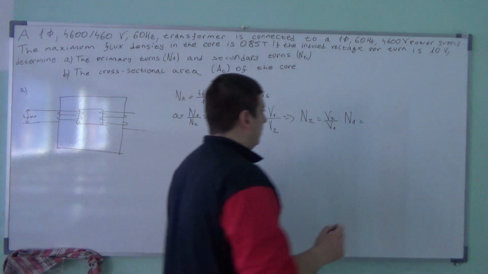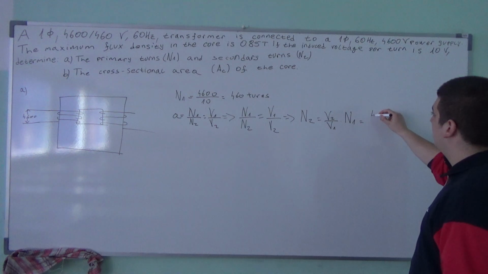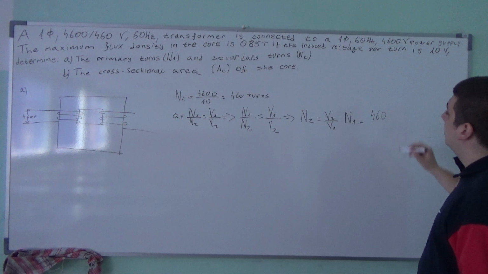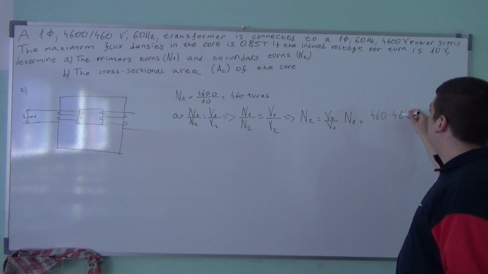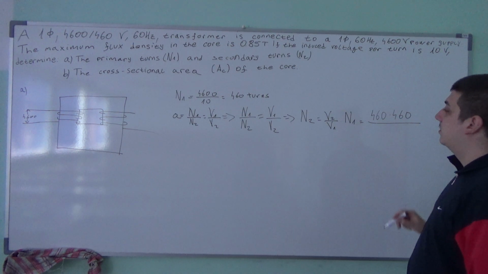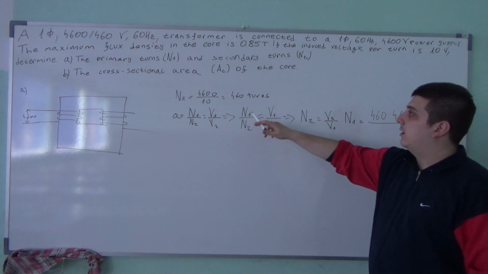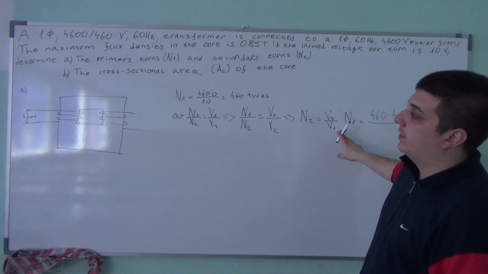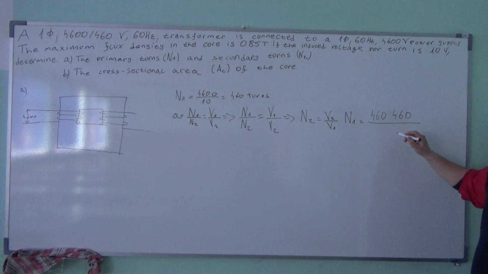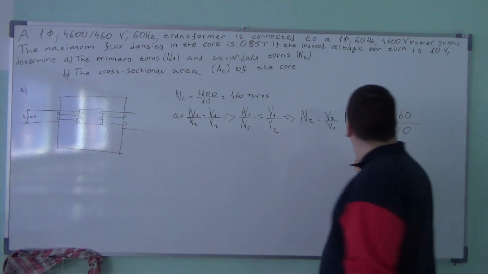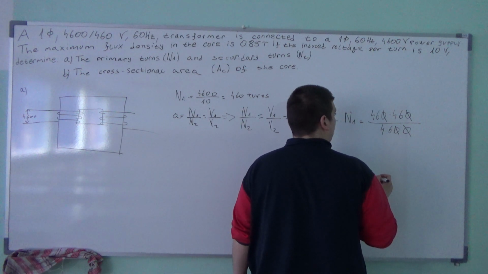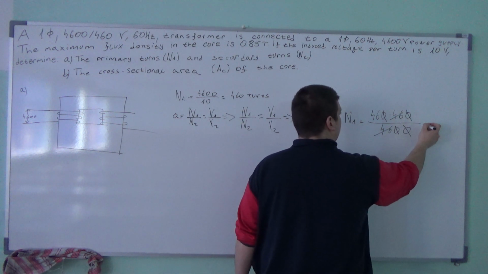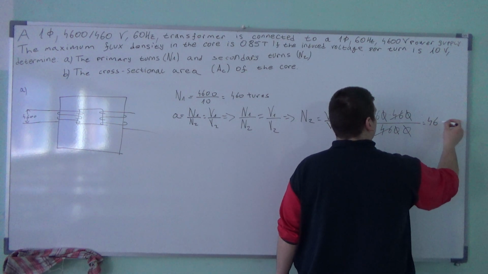And that is equal to 460 times 460 turns divided by the induced voltage on the primary side, but that is 4600. I can cancel these two out, 46, and I get 46 turns.